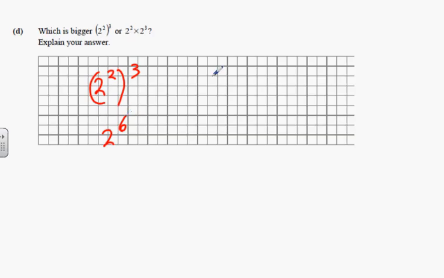What about the other one? 5. Thank you. So which one's bigger? 2 to the power of 6, because you multiply by 2 more. I thought you got the total of both of them and decide which one's bigger. You can do that. One of them's 32 and the other one is 64.